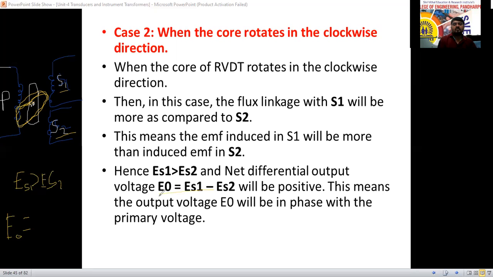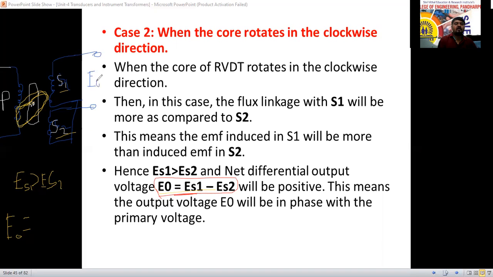ES1 is bigger and ES2 is lesser, so bigger value minus smaller value. Will the output be positive or negative? Positive. We get a positive output because ES1 is greater than ES2. I will consider this as the net output E.